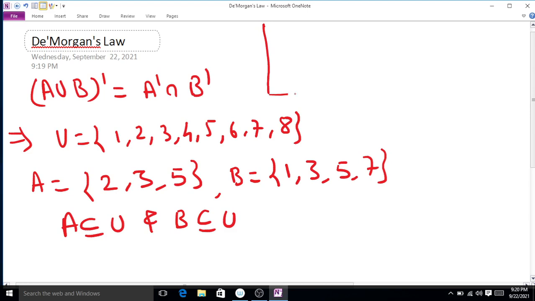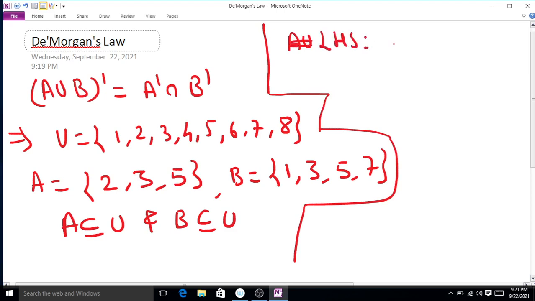Now to verify De Morgan's law, we want to determine the LHS first. On the LHS, it is (A union B) complement.